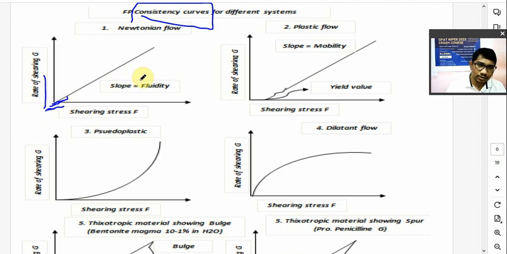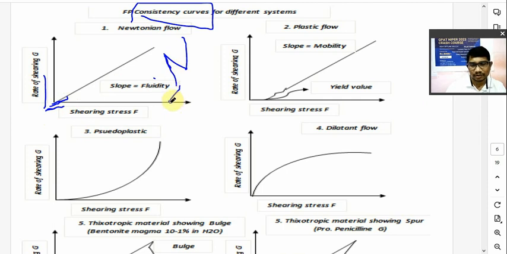In this case shearing stress is proportional to the rate of shearing and the fluid will flow. That is Newtonian flow. Newtonian liquids obey Newton's law, and if you apply stress, the shearing rate will increase proportionally.